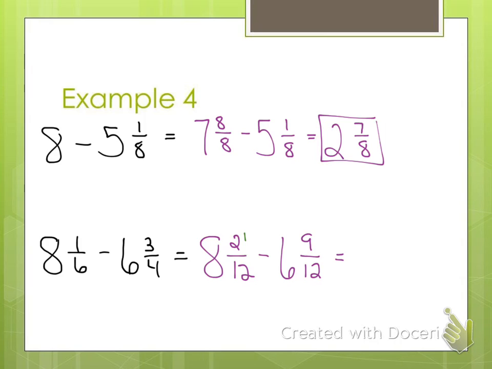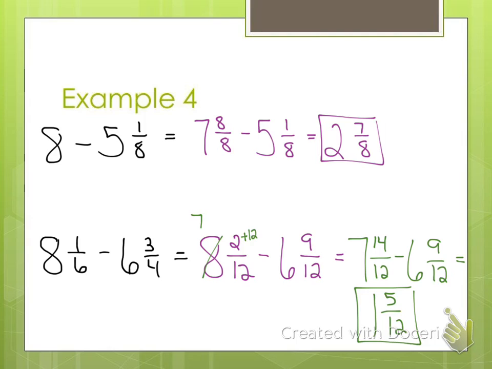My denominator tells me. So I add 12 to 2 because 12 is in my denominator, and cross out my 8 and make it a 7, because I'm borrowing. And then 7 and 14/12 minus 6 and 9/12 equals 1 and 5/12.